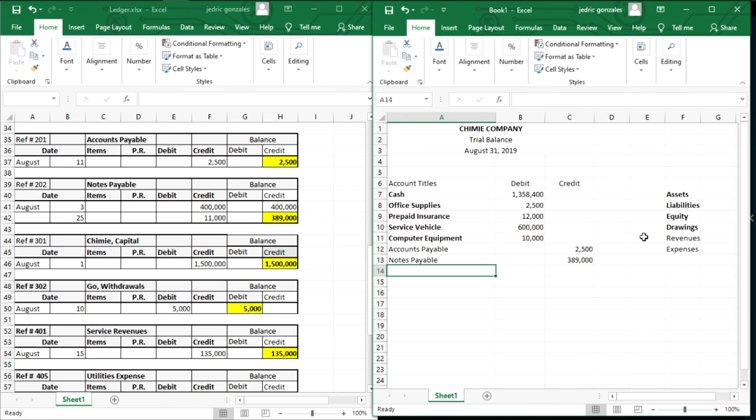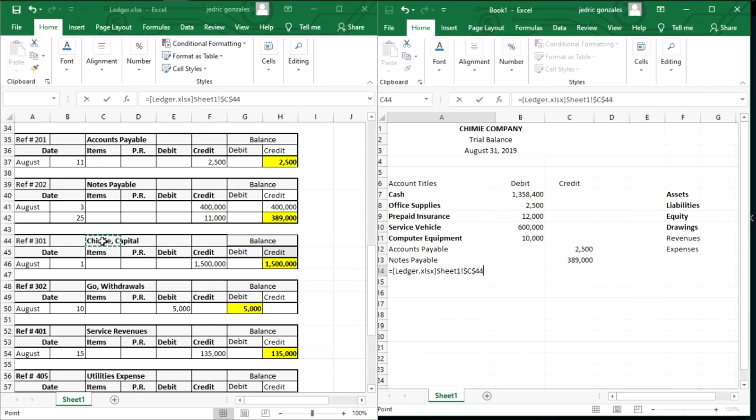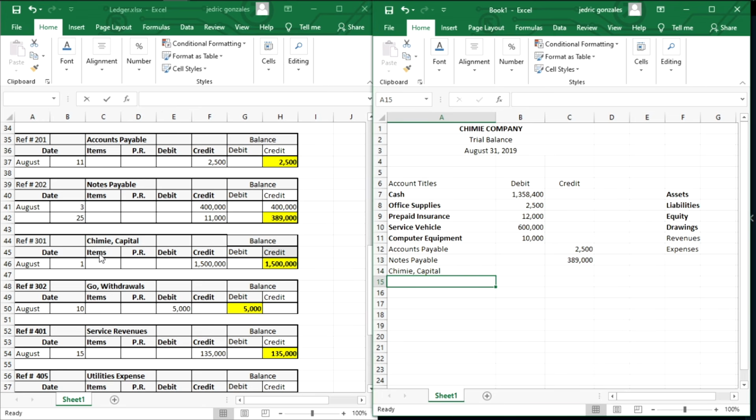Alright. Now, ang sunod naman is the equity. So, iisa lang kasi yung equity natin. So, equity or the capital, paki-transfer lang yan. O yan, Chimi capital. Then, credit ang normal balance niya. So, dito natin ilalagay, credit, 1,500,000. Then, next naman daw is the drawings or the withdrawals.